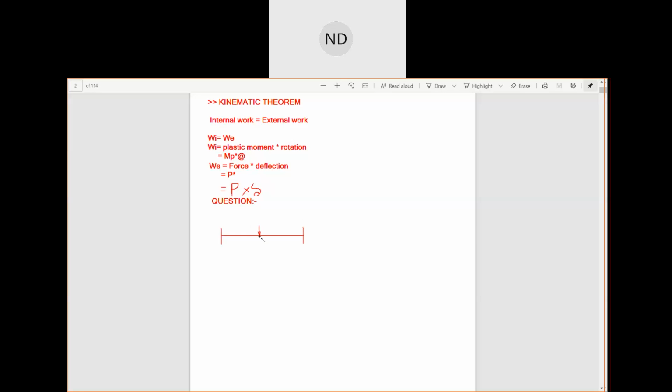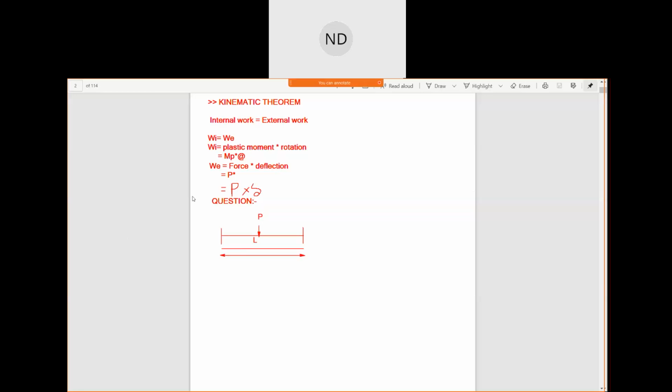This is your point load, these are your fixed supports, and the length of this beam is given by L, capital L. And this is your P, the load.